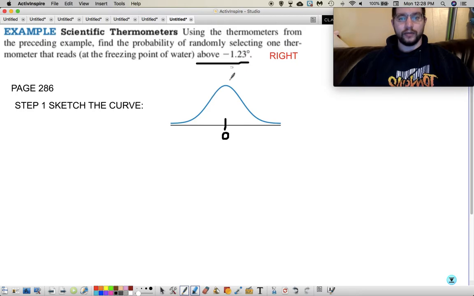Above negative, it's negative, so that's going to go to the left. Put Z right there. And that's my Z, negative 1.23. I'm just going to put a Z down here so it doesn't clutter up everything. This time, though, we want area not to the left, but above, to the right. So this is what we're wanting here. That area.